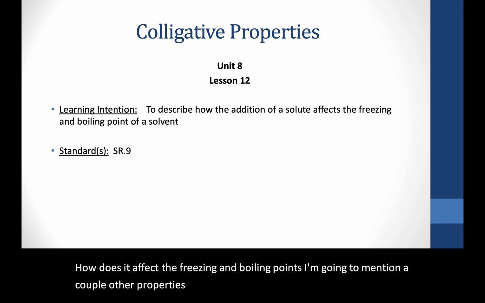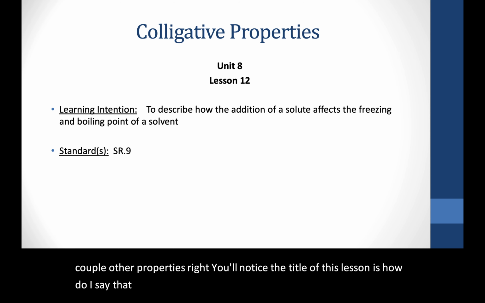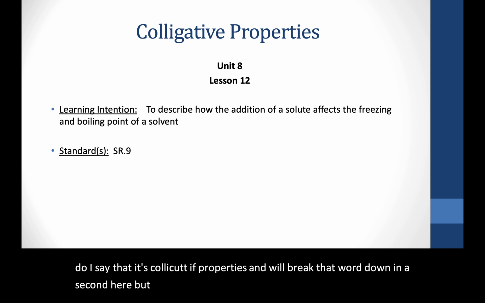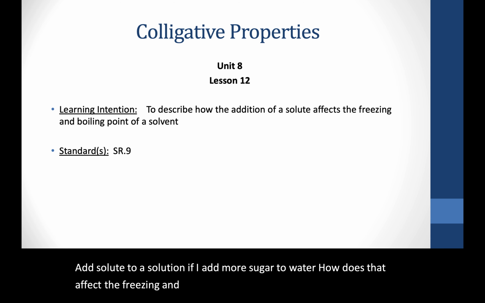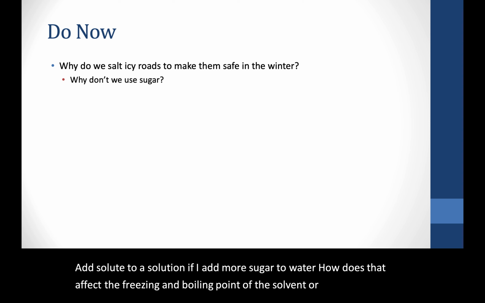You'll notice the title of this lesson is colligative properties. All right, and we'll break that word down in a second here. But really, we're going to focus just on, very simply, when I add solute to a solution, so if I add more sugar to water, how does that affect the freezing and boiling point of the solvent or of the solution? Okay, so let's jump right in.